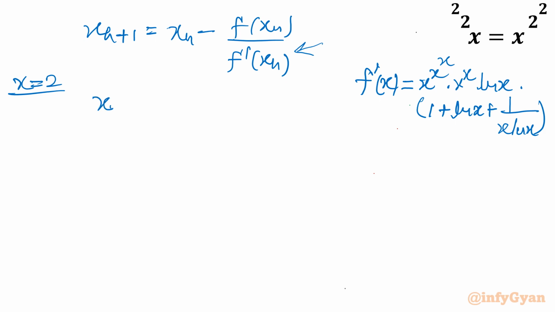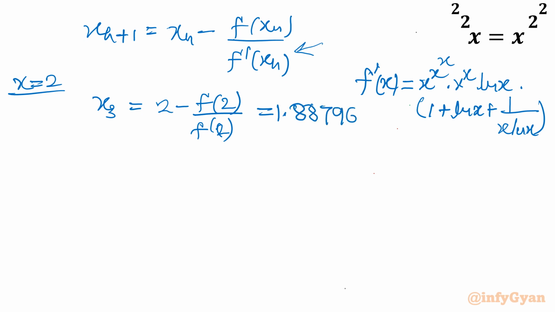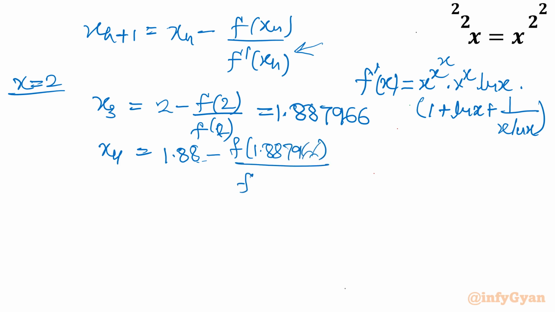Let's find out the next value. Because my base is 2, I will write 2 minus f of 2 over f dash of 2. This value is coming out 1.887966. Simply you have to find all the iteration steps. Next iteration for the same value, I will write 1.887966 minus f of 1.887966 divided by f dash of 1.887966.